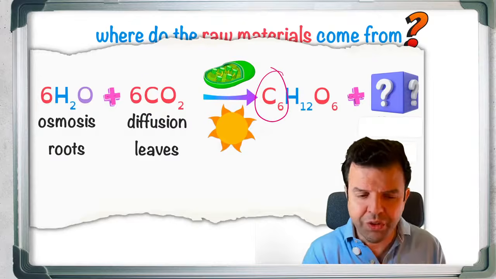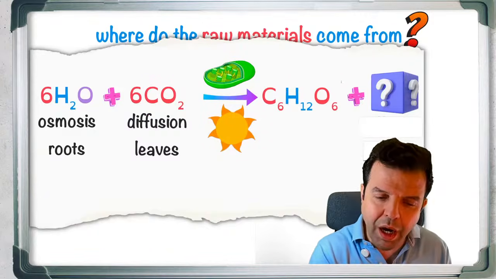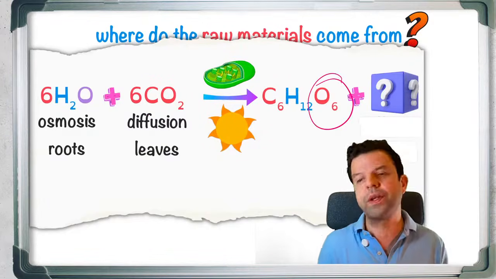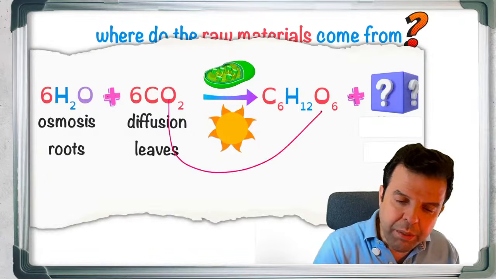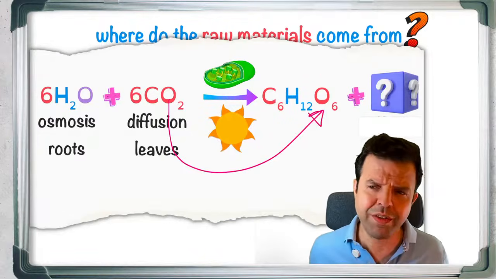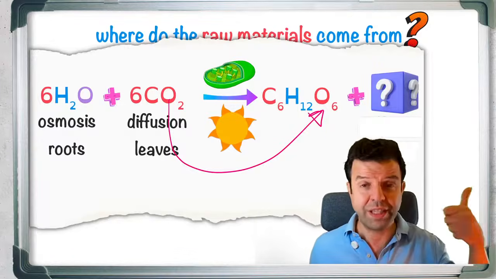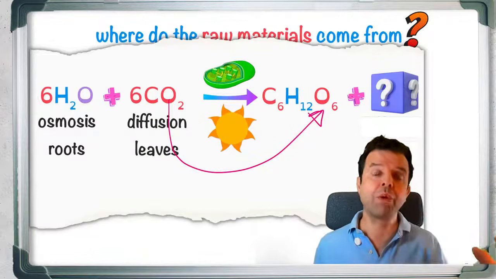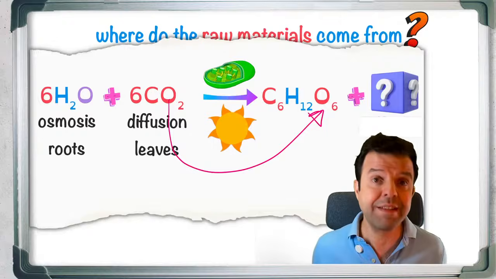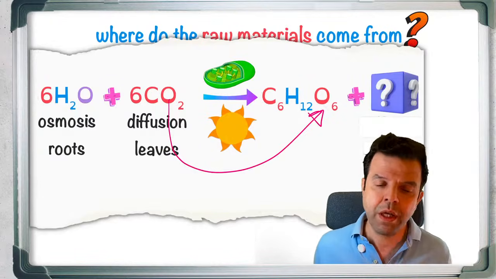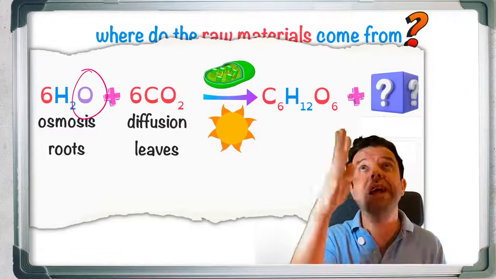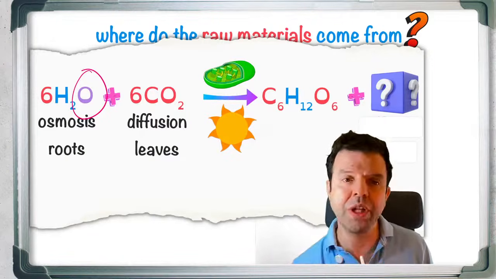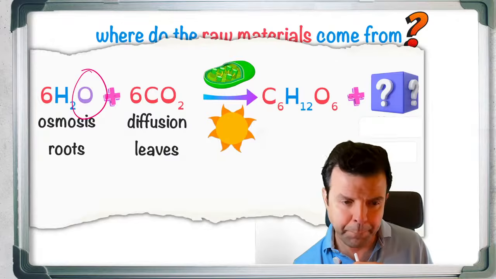What's really important here is that where does the oxygen in glucose come from? The oxygen in glucose comes from the carbon dioxide. So the source of oxygen in the glucose, which is the valuable product of photosynthesis, is actually carbon dioxide. You may tell me, look, there is an oxygen here in water. This oxygen is gonna be diffusing out of the chloroplast. Okay?